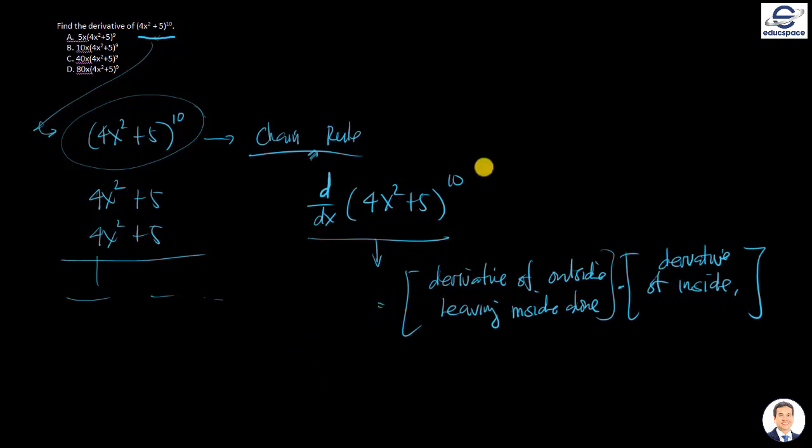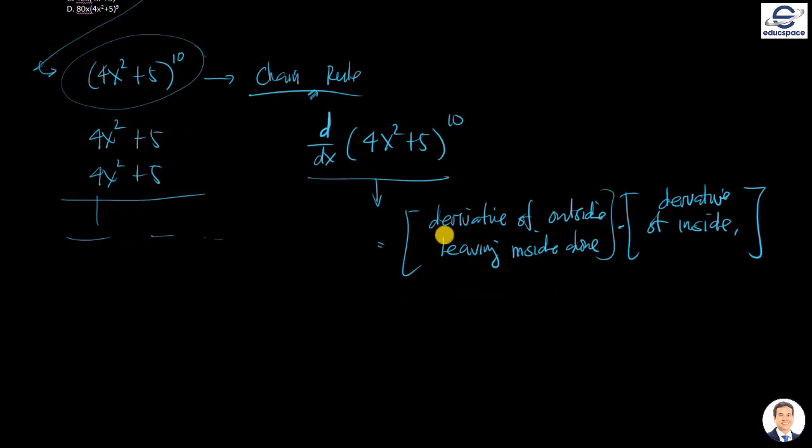So now we apply it here. First is to take the derivative of outside leaving inside. This is our outside and this is our inside. Normally we take this as 10, and then we have this 4x squared plus 5.